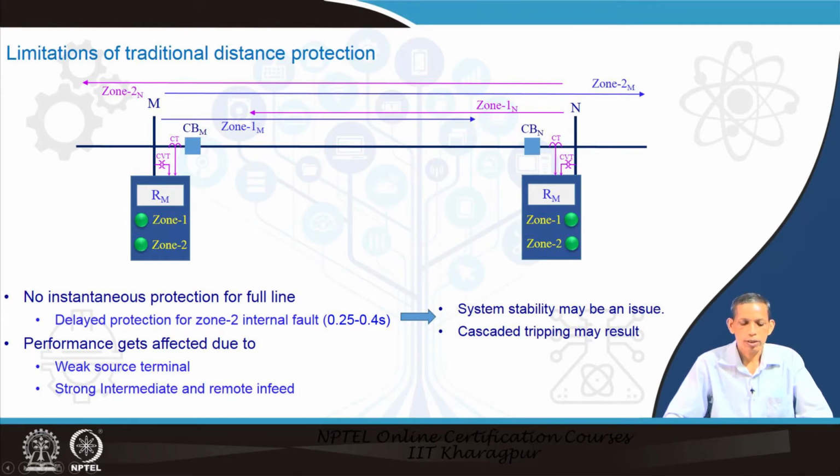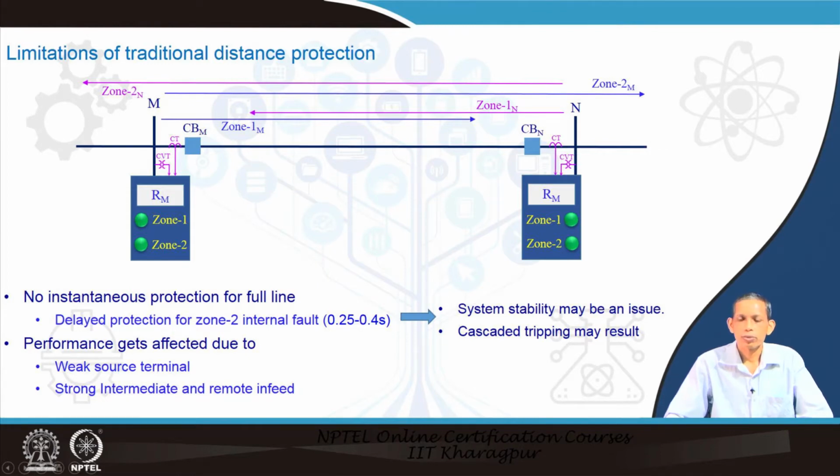Now, what we see here is that from one side, when the relay takes a decision, it covers through zone 1 80% and the rest of the portion is taken care of by zone 2. That means for the whole section of the line we do not have instantaneous protection.